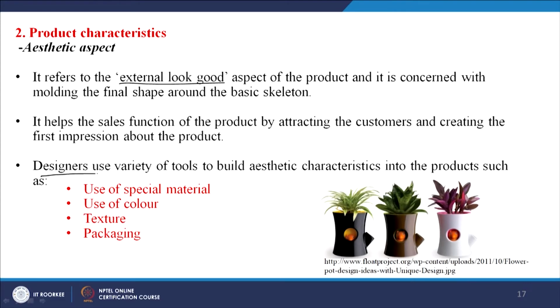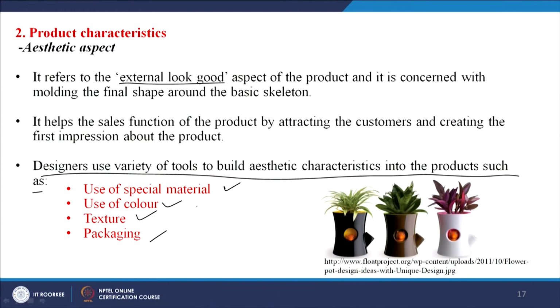Then the designers use a variety of tools to build aesthetic characteristics into the product. Now how the designers have to keep the aesthetics in their mind: use of special material, use of different colors, texture, packaging.